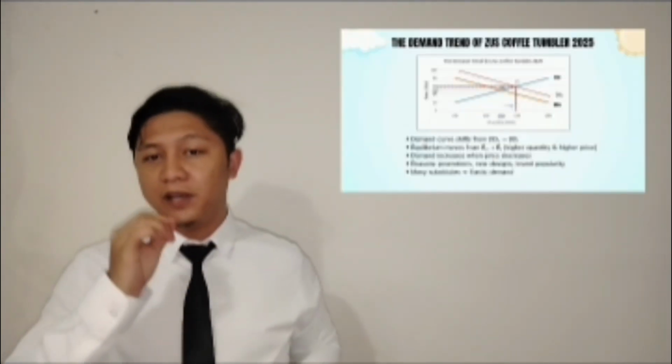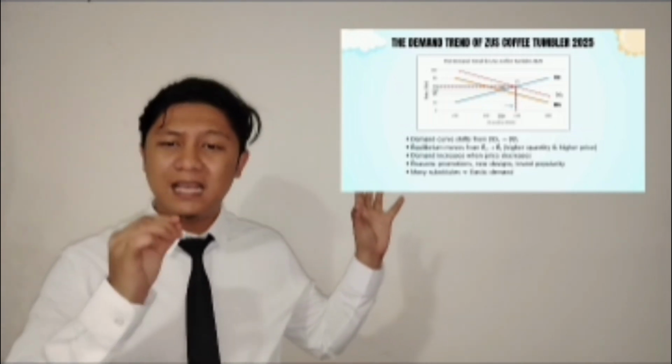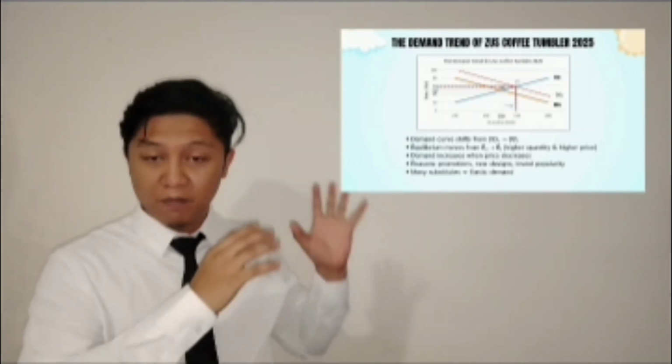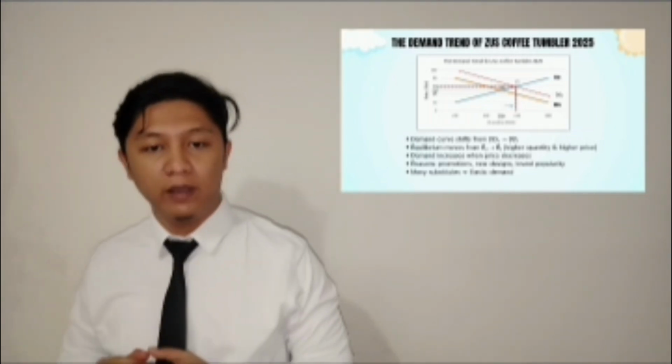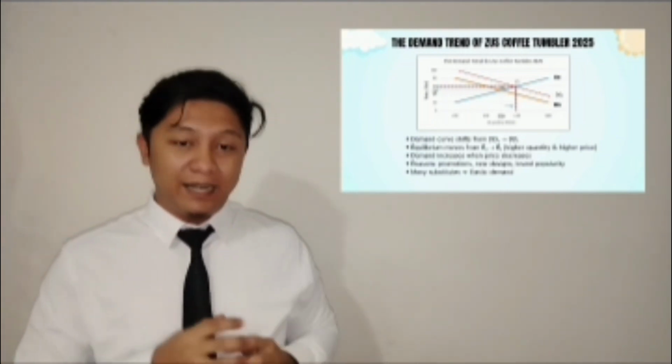That's all. Hi. The first diagram shows the demand trend of the Zus Coffee Tumbler. We can see that the demand curve shifts from D0 to D1 and the equilibrium moves from E0 to E1. This means that both the price and quantity demanded increase.